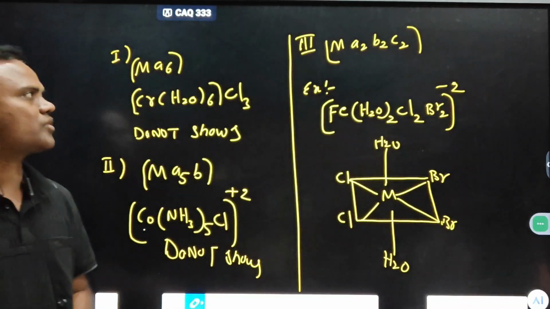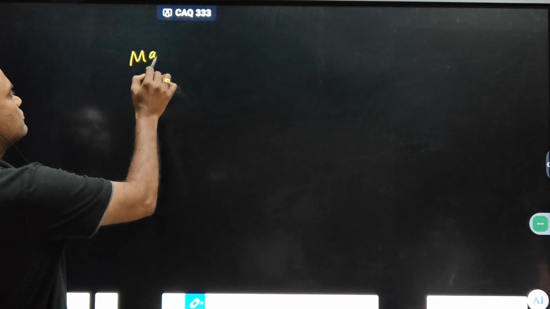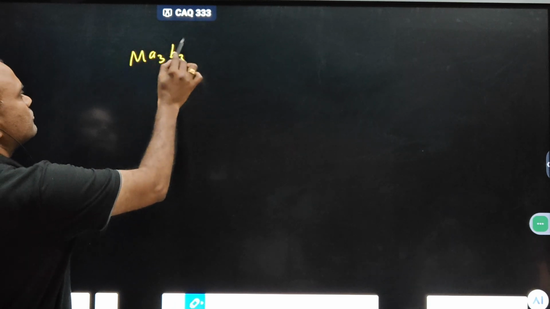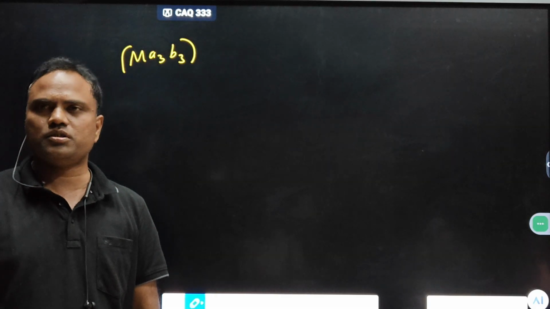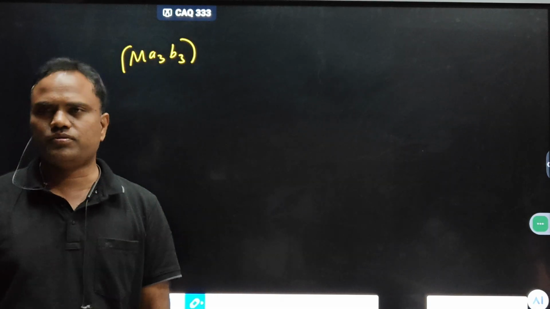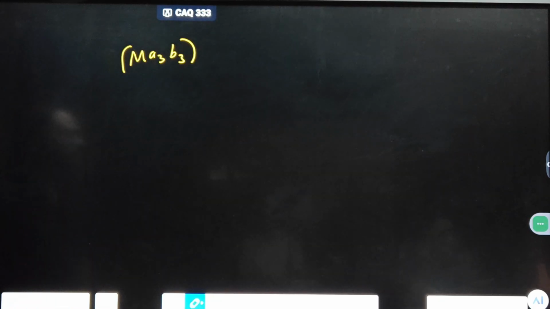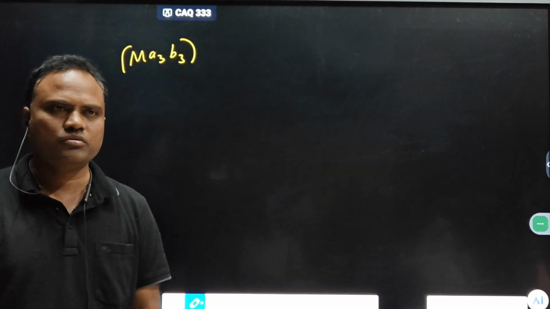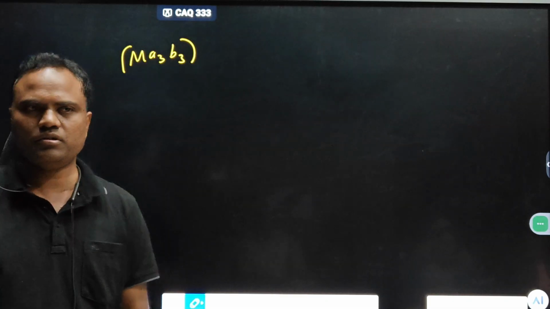Next, keep it in the MA3B3 category. Will MA3B3 category show? MA3B3, MA2B2C2, MA3B3, MABCDEF, all this.